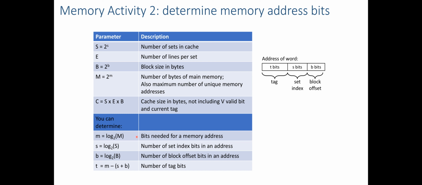And then you typically will go ahead and, from those two, and knowing how much main memory you have, you can figure out how many bits you're going to need for a tag. And just another hint, remember, lots of tags. The tag number is going to be far bigger than the set or the block offset number, because memory is so big.